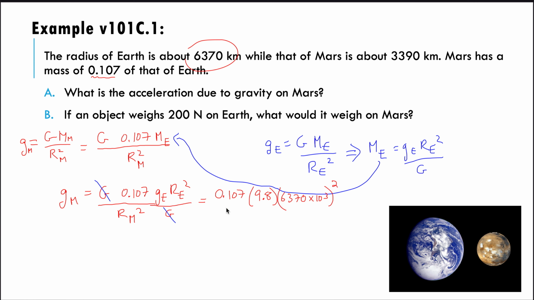Make sure to square that, divided by the radius of Mars, 3390 times 10 to the third, squared. And we will get approximately 3.7 meters per second squared. So that is the free fall acceleration on Mars. This was part A. Let's look at part B.